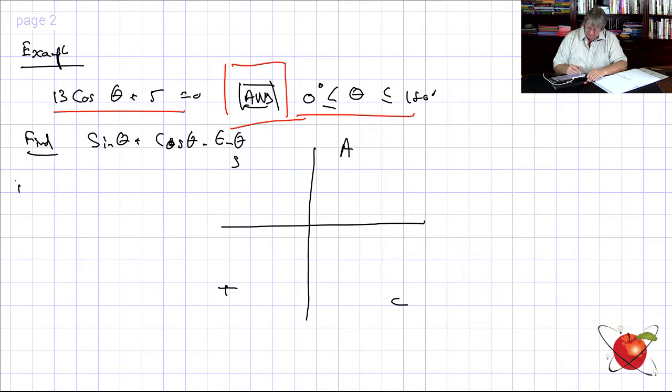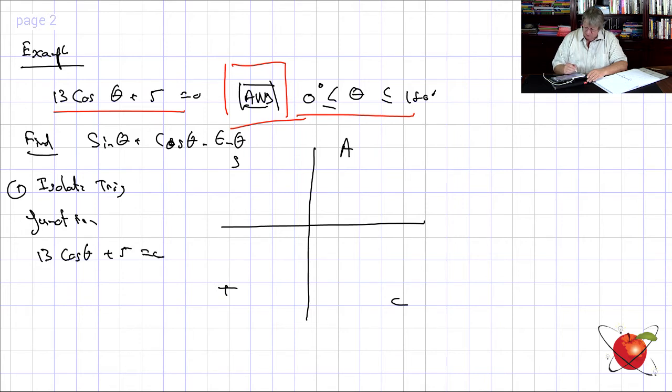Step one is isolate the trig function. So I say 13 cos theta plus 5 is equal to 0. I want just cos theta is equal to minus 5 over 13. Isolate the trig function. You're going to see this in trig equations as well.